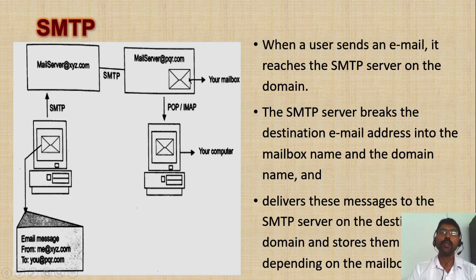If that mailbox is available in the server, it will send a positive acknowledgement to the client. Then the client can understand that the mail is delivered. If there is no mailbox available in the destination server, it will send a negative acknowledgement to the client, indicating the mailbox is not available. If the mailbox is available, the mail is stored in the proper mailbox.